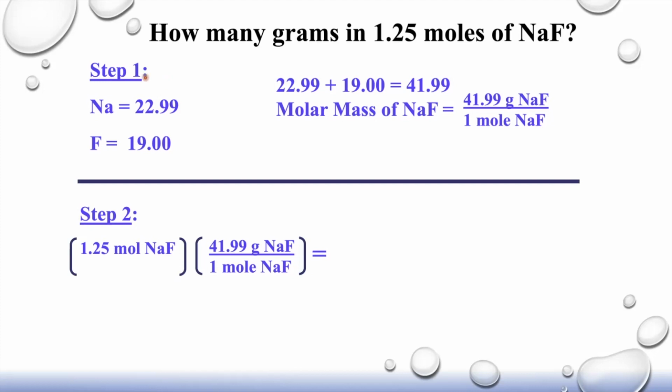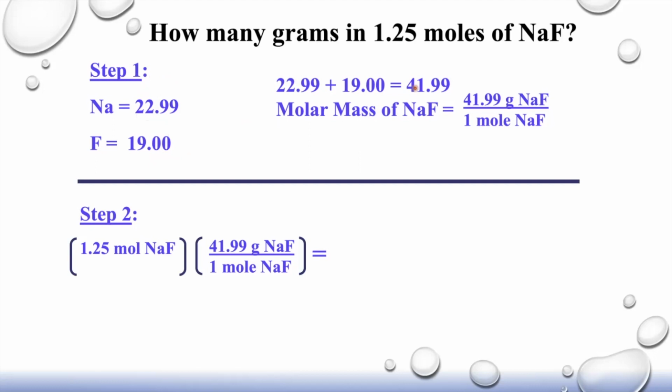So for your step one, here's what I did. I got the atomic mass for sodium, 22.99. You will find this on your periodic table. Fluorine, 19.00. Notice I rounded them to two decimal places. If you look, there are actually more decimal places, but it rounds. Add them together, the atomic mass for sodium and the atomic mass for fluorine.